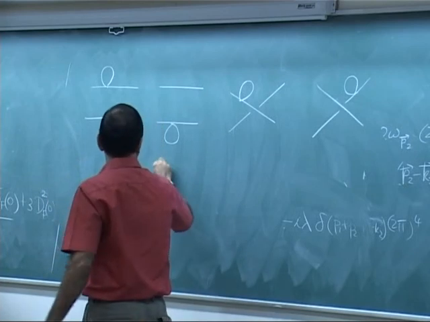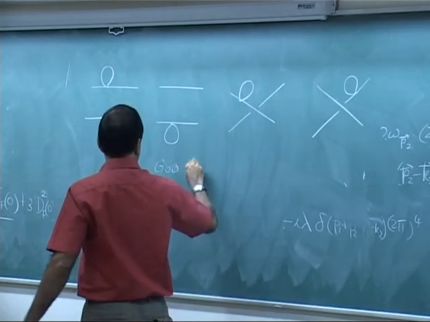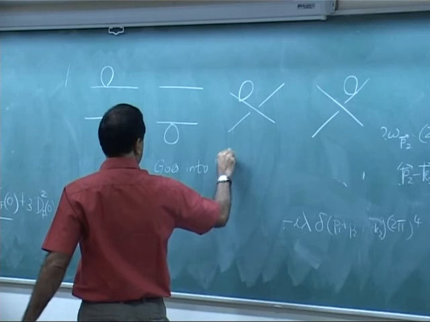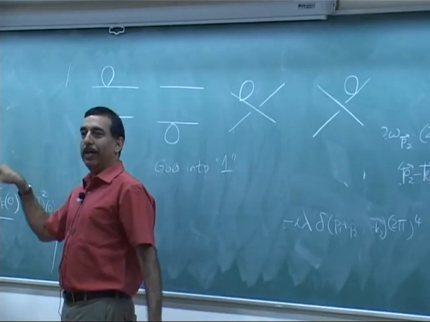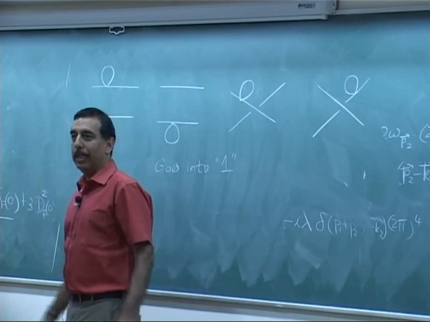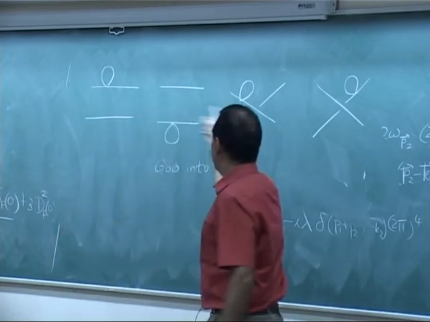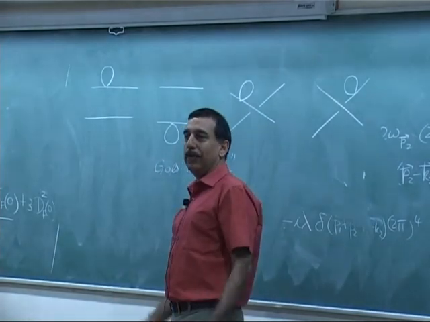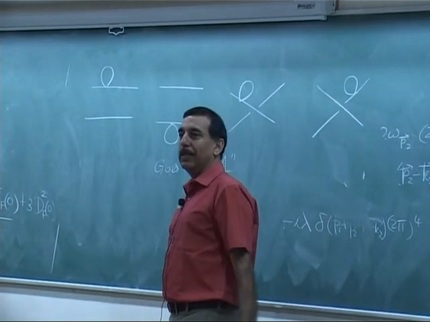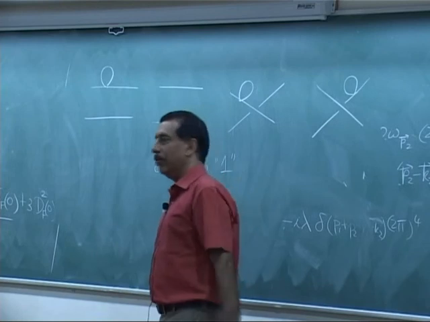So this also goes into 1. So we forget it. And this is just the vacuum bubble, that figure of 8, which is disconnected from everybody. So in this one, the particles propagate through and the bubble sits somewhere else. So that, of course, is the kind of thing that we certainly should ignore. So that also we throw into 1.